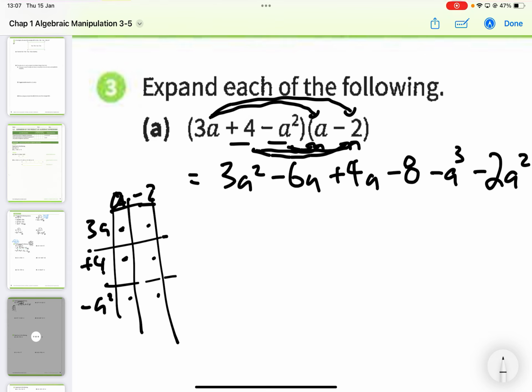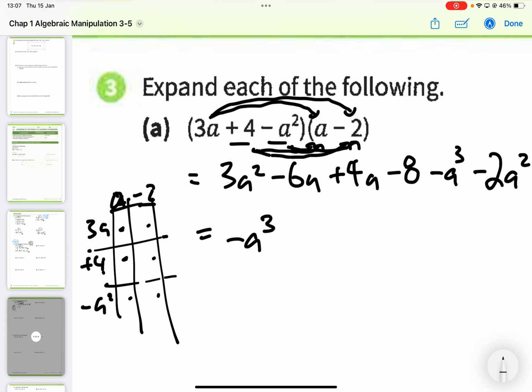Then I simplify my terms. So I go and see where got a cube. Here, -a cube. So I put down my -a cube. Then I go and find where are my a squares. Here got a square. Here got a square. If I need, then I go and write down. 3a square is +3a square.